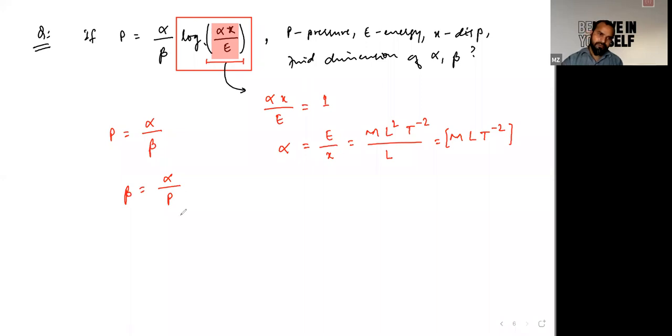Ishan, just tell me the dimension formula for pressure. We have already discussed it in our last part. Pressure is M L to the power -1 and T raised to the power -2. Just put these two terms in this particular expression and solve.